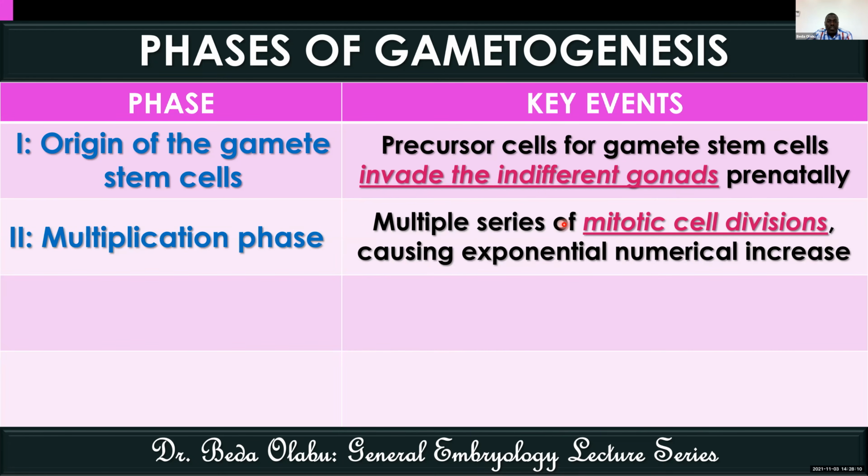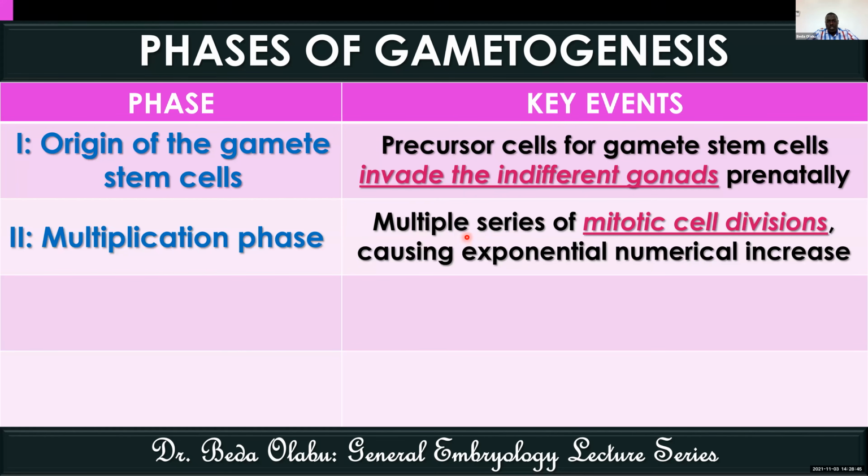The mitotic cell division that is undergone by gametes is a repeated one, which means even if you start with 100, you get 200. Those 200 can divide again, 400. The 400 can divide again, 800. And you can go on and on. So it involves multiple series of mitotic cell division.